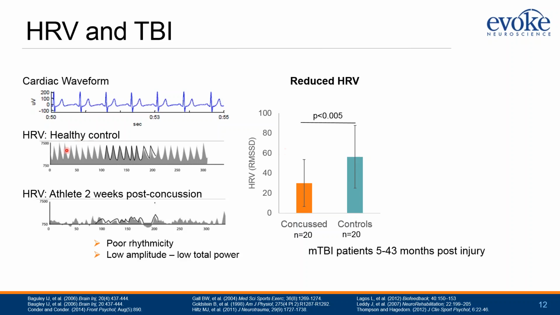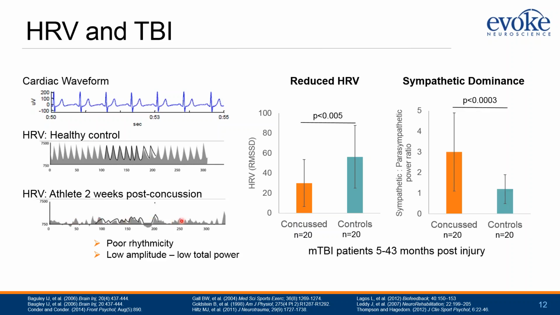Now, the other thing I noticed between this healthy control sample and our post-concussion sample is that there's very low amplitude on this post-concussion graph. That relates to overall low total power. Remember, total power, we want to be high. That's indicative of good heart health, good autonomic resilience. But here we're seeing that this patient has low total power. In this same study of TBI patients, they found not only is low total power a good indicator and biomarker of TBI, but TBI patients also tend to have sympathetic dominance.